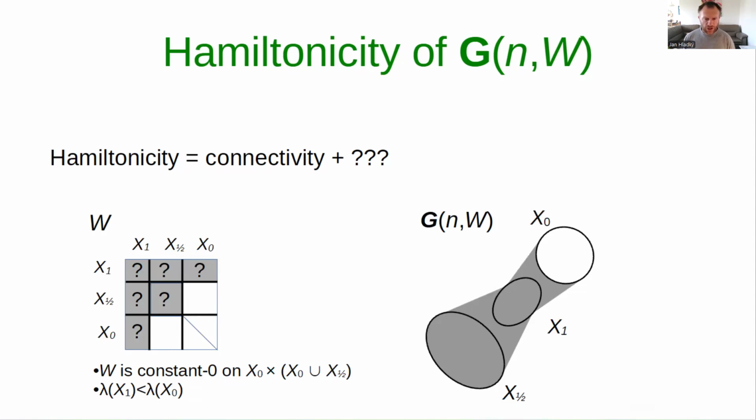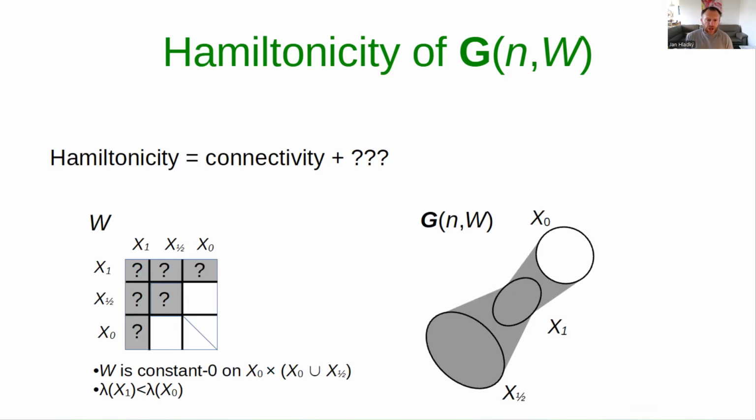And the key conditions are that W is constant 0 on the cross-section of x0 with both x0 and x1/2. So that's one condition. And the other is that the Lebesgue measure of x1 is strictly smaller than the Lebesgue measure of x0. And we don't much care what happens on the rest of the space. You can assume, for example, that W is equal to 1 on the remaining parts. So that's the maximum value.